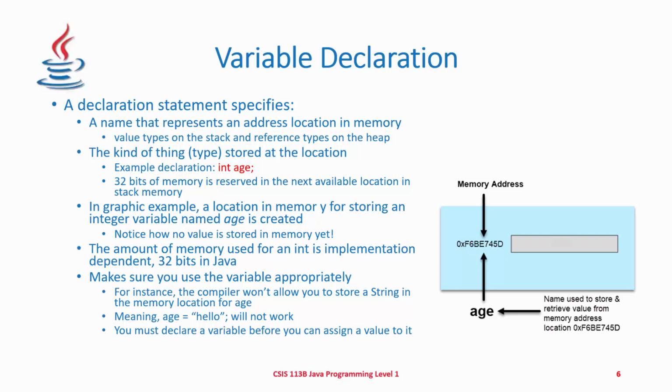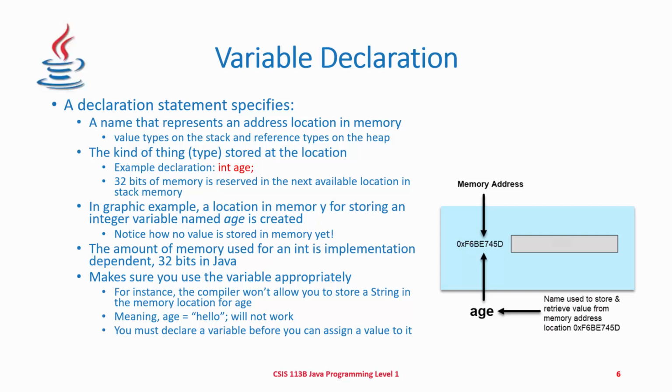One of the reasons that we type our variables is so that we don't make the mistake of, say, putting a string value into an integer variable. That would not work. If you tried to do age equals hello, in other words, assign the word hello to the variable age, that is not going to work.